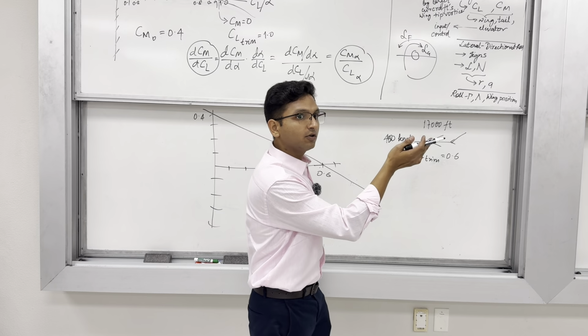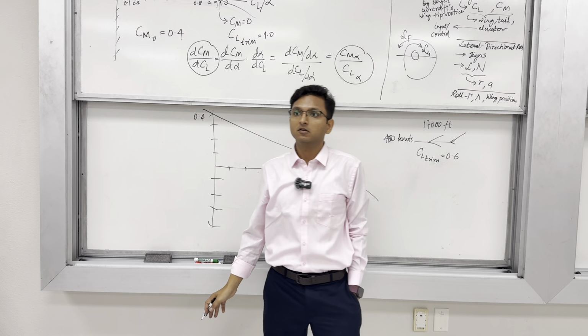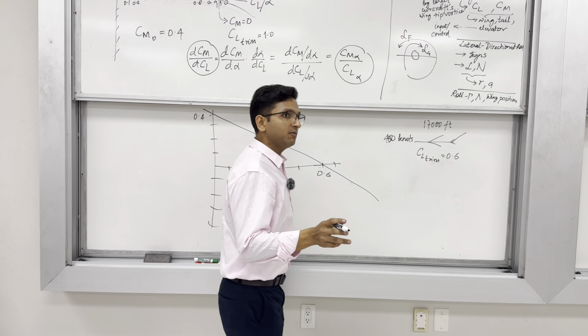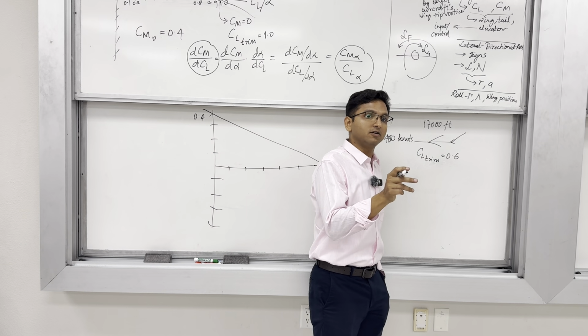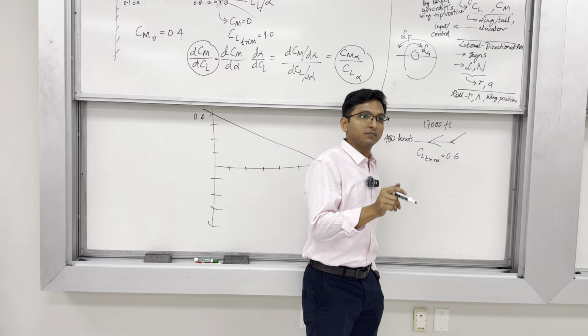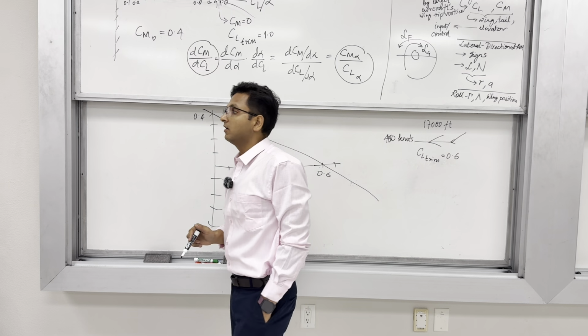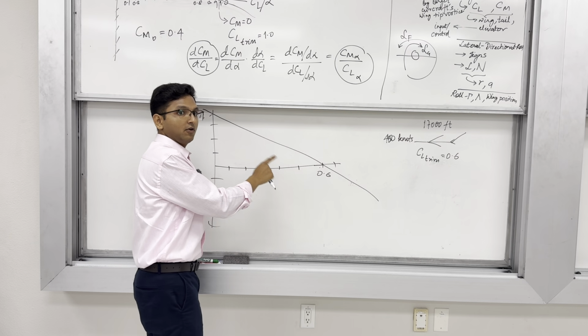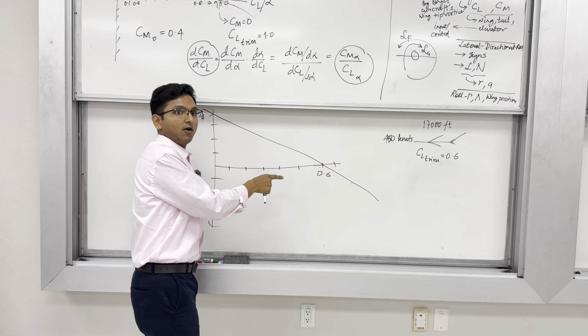What will happen to the density of air when you go to 35,000? It will go down, which means that to balance the same amount of weight, you will need a larger CL trim, right.